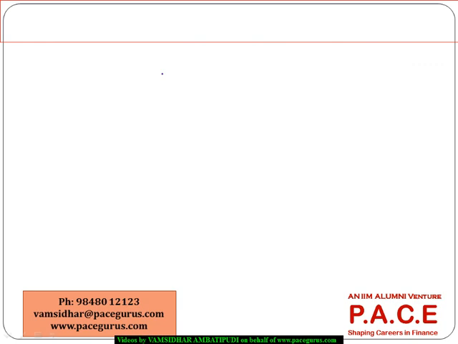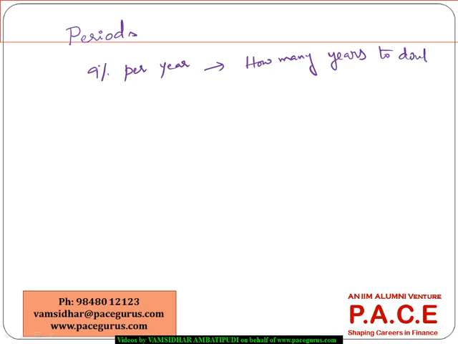Then I could even have scenarios where I may have to evaluate the number of periods. A simple example: if the current interest rate is, let's say, 9% per year, how many years will it take for my money to be doubled? How many years will it take for your investment to double? Very simple scenario, right? So, the same relationship, FV equal to PV times (1 plus R) to the power n.